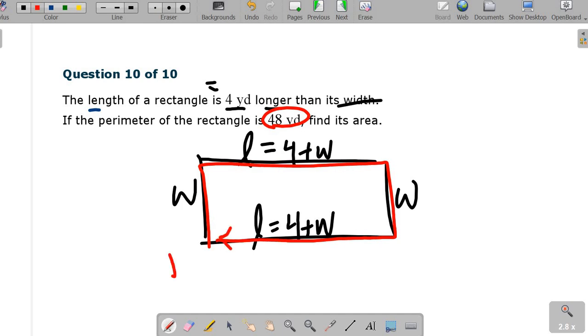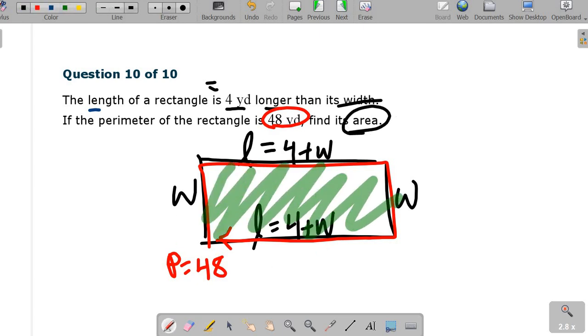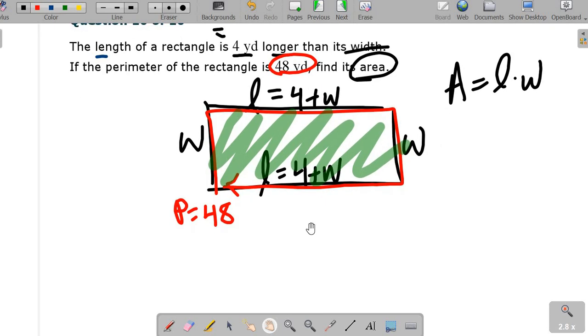So we walk it around. P equals 48. Our goal is to find its area. And area, of course, is length times width. Always start with what you have, not with what you want. We have the perimeter, so that's what we're going to start with.